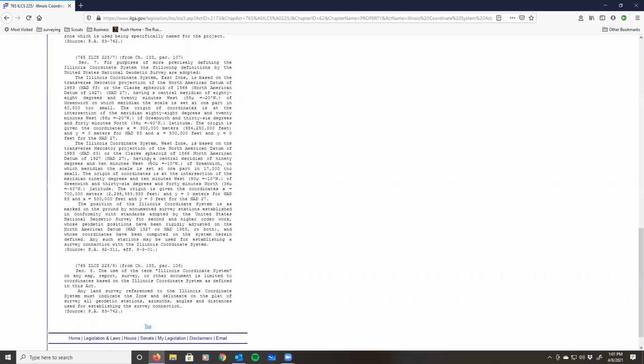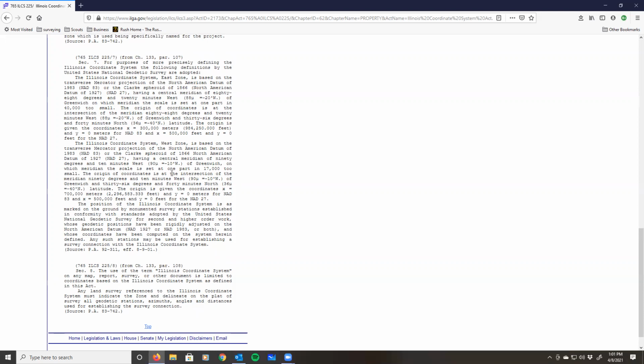So it says that the Illinois Coordinate System West Zone is based on a transverse Mercator projection of the North American Datum of 1983, or the Clark spheroid of 1866, North American Datum of 1927, having a central meridian of 90 degrees and 10 minutes west of Greenwich, on which meridian the scale is set as 1 part in 17,000 too small.